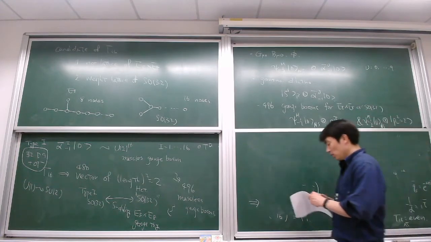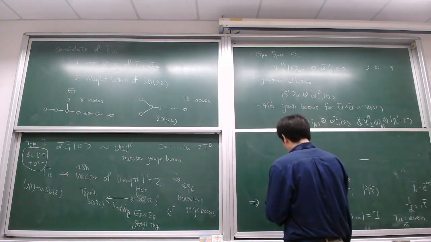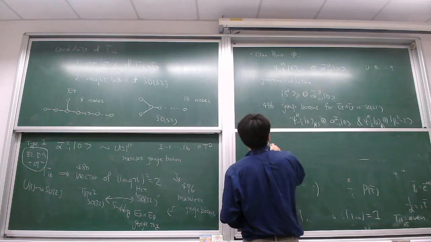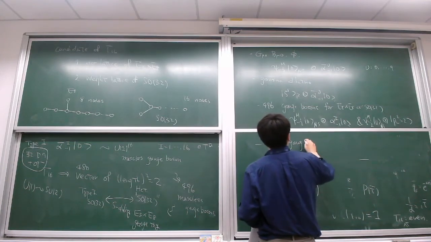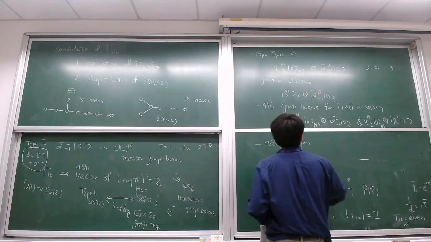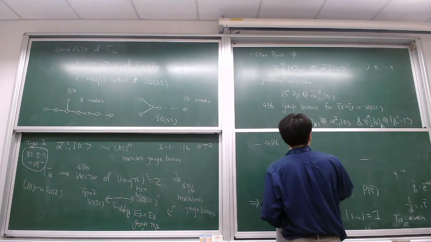So the superpartner, again, it's a supersymmetric theory, so you have the same number of gaugini. So essentially the same thing.